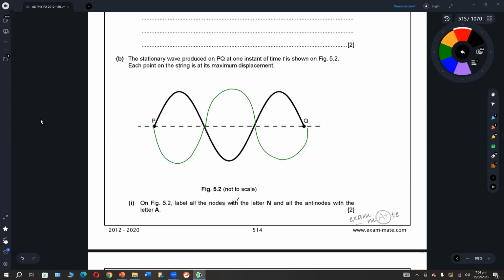So we can make this antinode, node, antinode. Two marks is there. Okay, fine.